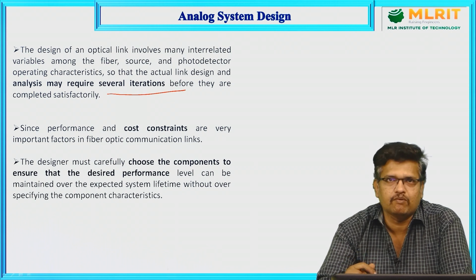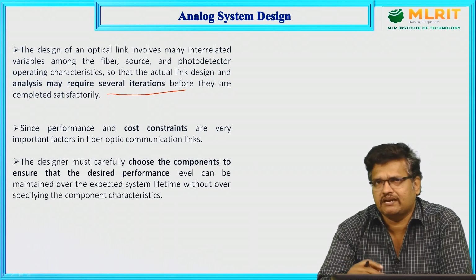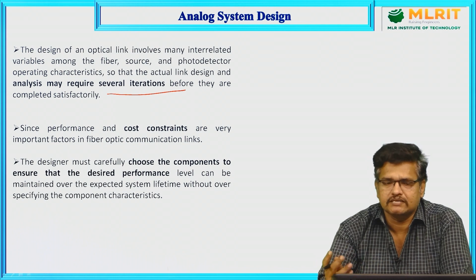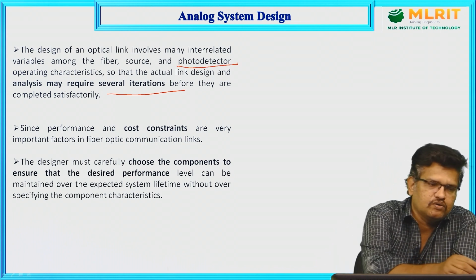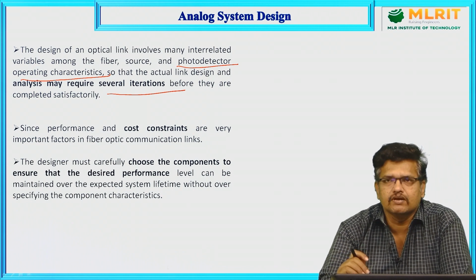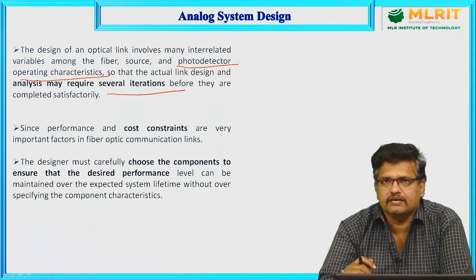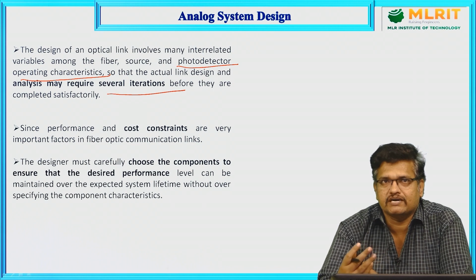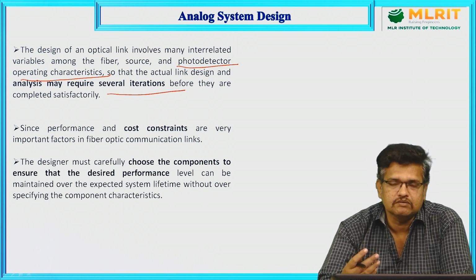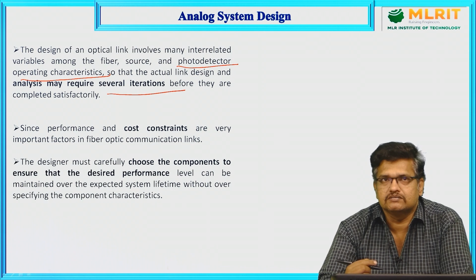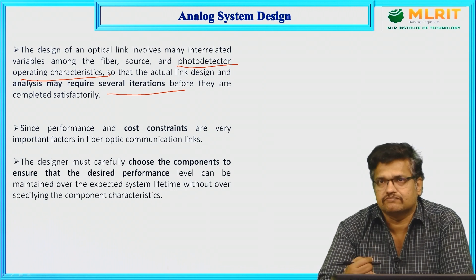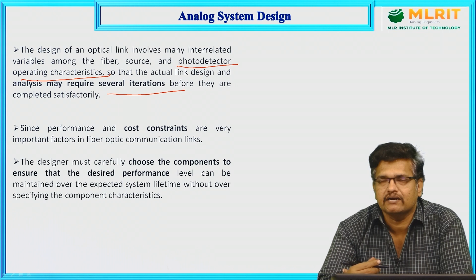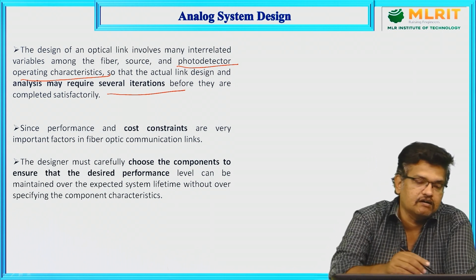This is one of the important points. Next, the light signal is converted into an electrical signal, so we have to see the photodiode operating characteristics. While designing an optical fiber system, we have to consider the fiber characteristics, the source and the photodiode characteristics also. To analyze the system, we need several iterations, and n number of stages are required to satisfy the system design.